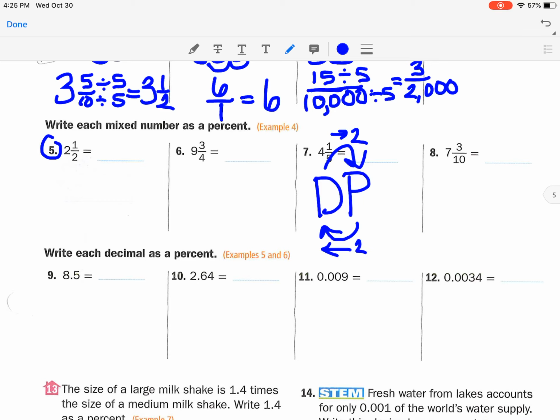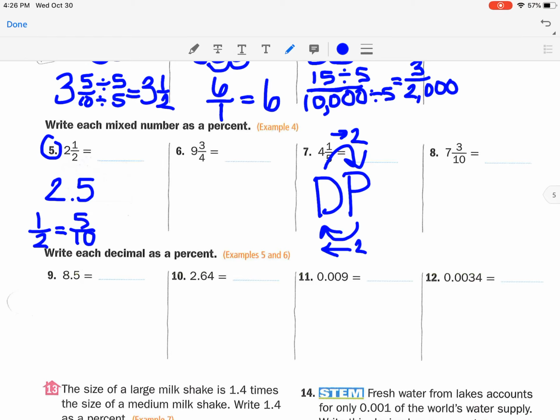Okay, so we're going to first turn this fraction 2 1/2 into a decimal, and I know that I have 2 whole, and 1/2 I know is the same as 5/10. Now, that's a benchmark fraction, meaning that it's a fraction that should be fairly easy for us to work with, but if not, we can always come back here and find that equivalent fraction using our tenths, our hundredths, our thousandths, and in this case, we can see that it is 5/10.